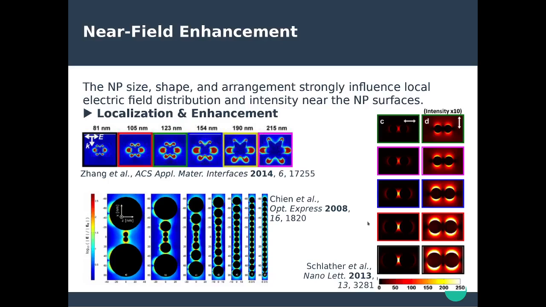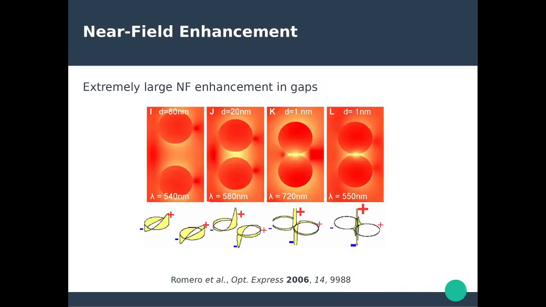So where does this field enhancement come from? If you look at the case of a dimer, if you have two nanoparticles that are fairly isolated, you see that you have this field enhancement that is basically distributed on either side.